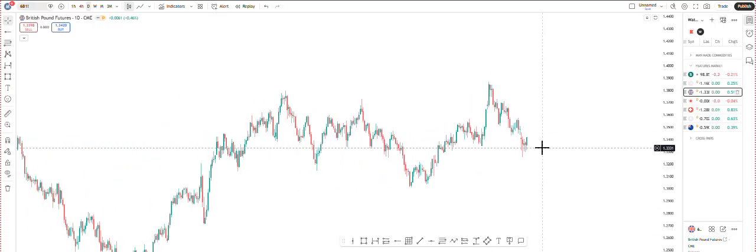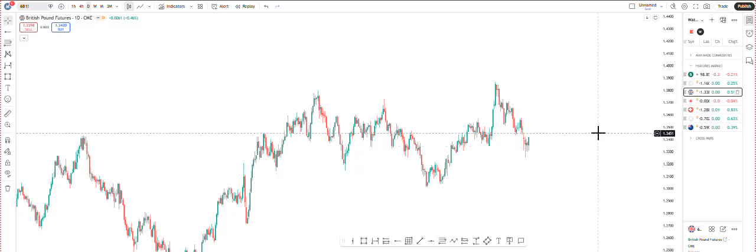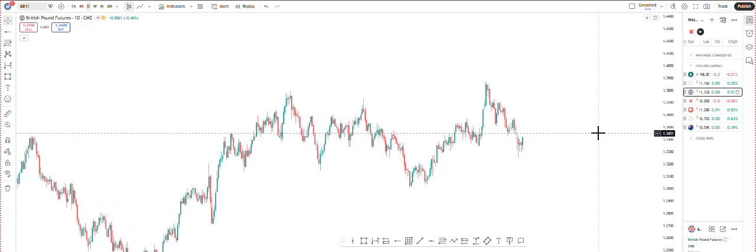Again, remember the dollar is fundamentally strong. When you look at the employment rate and the GDP of the United States, their inflation data is stepping down and coming under control.